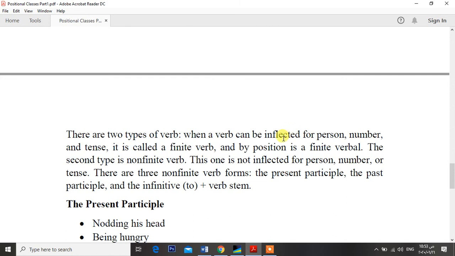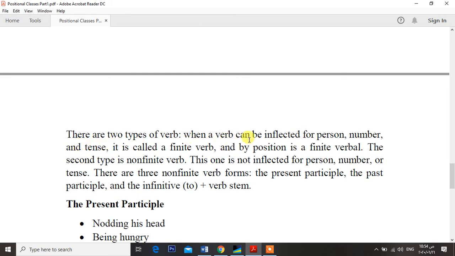For number, they tell, because the subject here is they, or more than one. And the last one, tense, we can say they told.